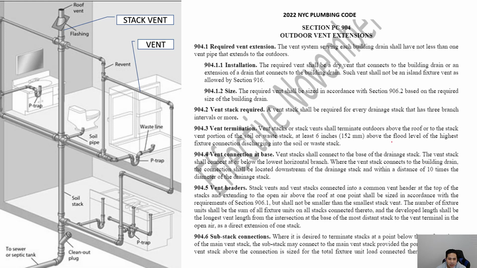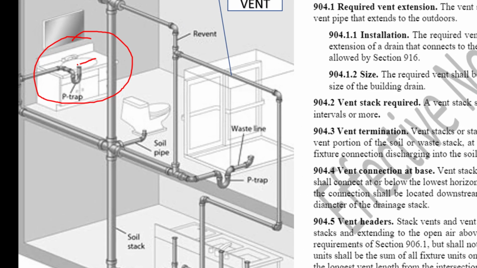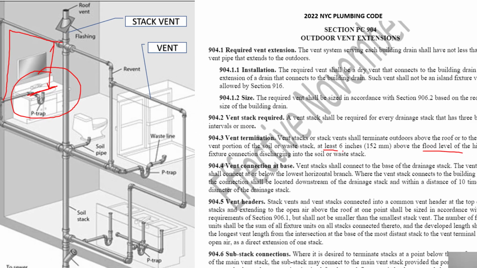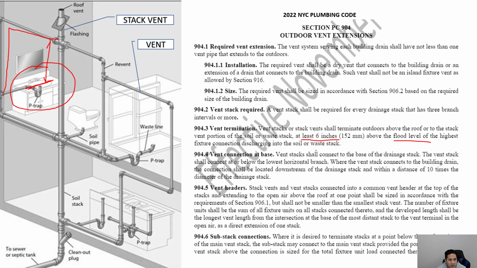So what this means about the flood level is, if you see this, for this example, this lavatory, the flood level is the level at which any flooding that happens would reach up to a maximum point. So the flood level is, in this case, at the top of this sink. So where you connect the vent for this one into the stack vent, that vertical distance here has to be at least 6 inches. So that's what that means.